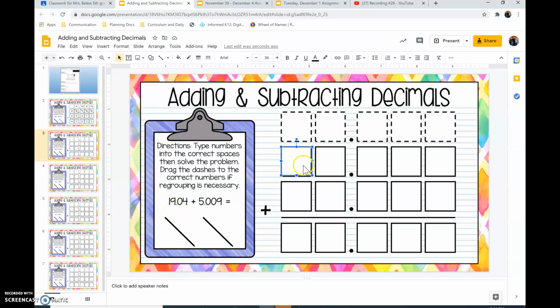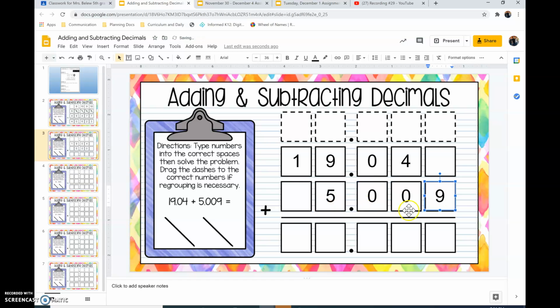So I have 19 and 4 hundredths plus 5, and that's 5 ones, not 5 tens, 5 and 95 and 9 thousandths.